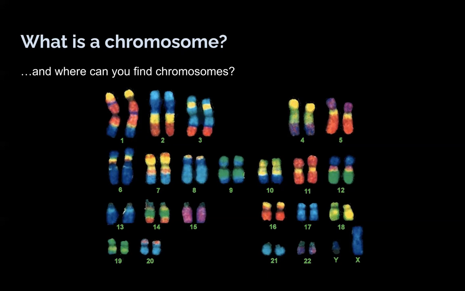This is a human what's called a karyotype, the arrangement of chromosomes that you would find in a human. As we talked before, the chromosomes are paired and the pairs are homologous, meaning that they're the same size and they have the same centromere position and they contain the same genetic information, the same content of genes, although they can have different versions of those genes.